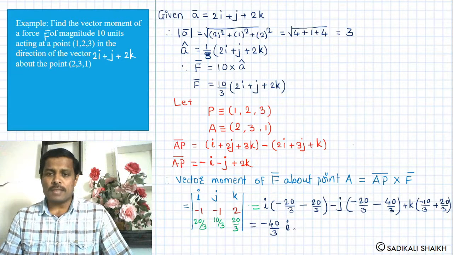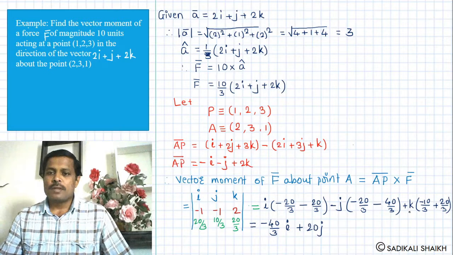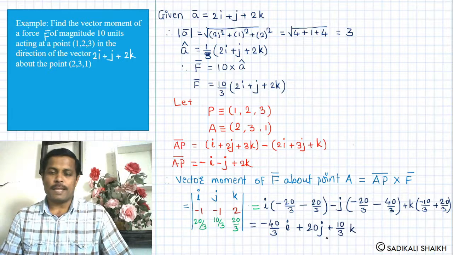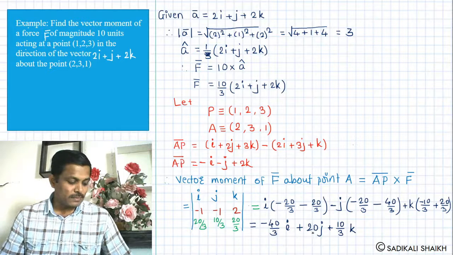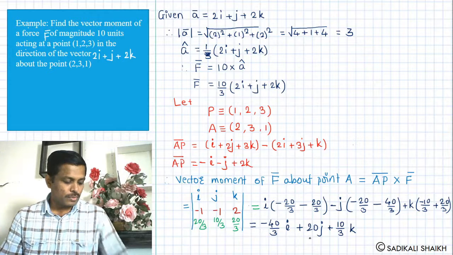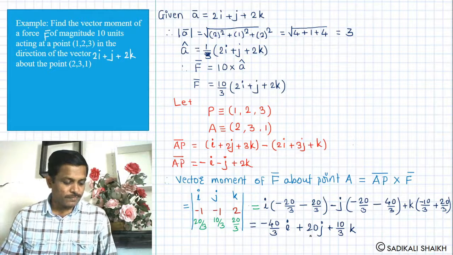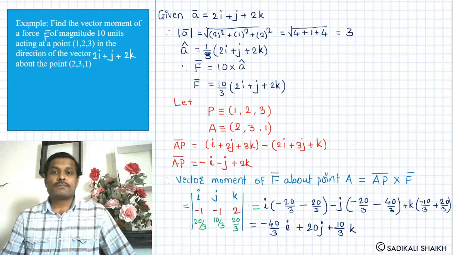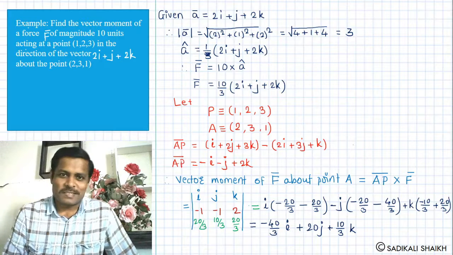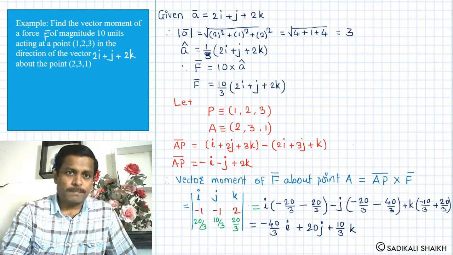That minus and this minus will become plus 20j, and this is 20 minus 10, that is 10 by 3 k, so it is plus 10 upon 3 k, and I think this is the final answer. Okay, this is the vector moment, the required vector moment. It's very interesting, right? चलिए आगे बढ़ते हैं.